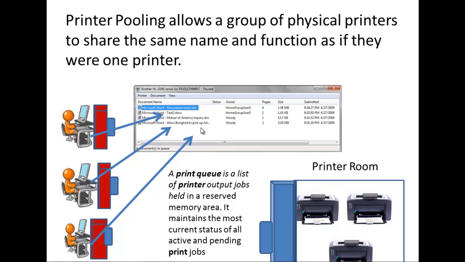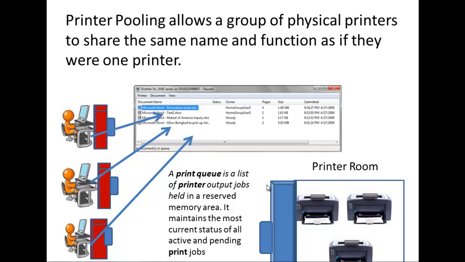All the printers in the printer pool must share the same driver, so they need to be the same model. The printers are usually located physically next to each other, so the end user knows where to pick up his print job. In the company, printer pools are usually placed in dedicated print rooms.